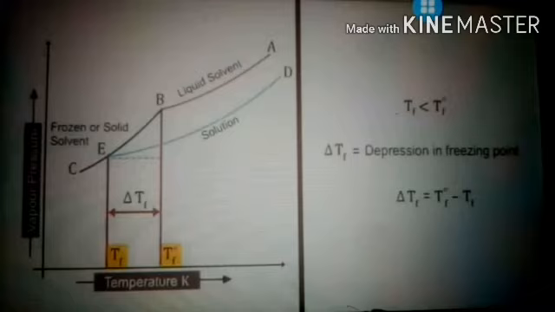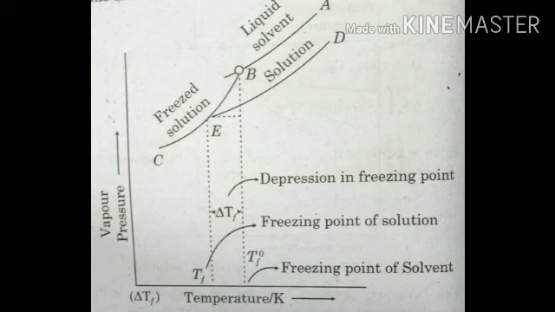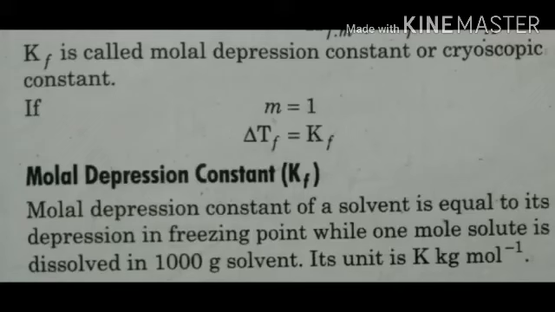The cryoscopic constant Kf is the molal depression constant of a solvent, which is equal to its depression in freezing point when 1 mole of solute is dissolved in 1000 grams of solvent. Its unit is Kelvin kilogram per mole.